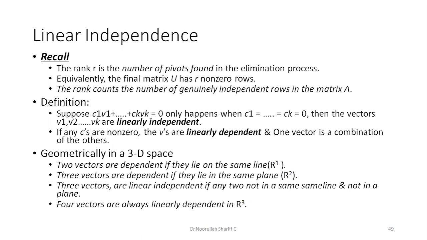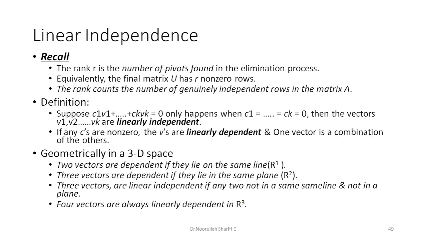So C1, C2, C3 are constants, V1, V2, V3 are vectors, and if we have C1 V1 plus C2 V2 plus C3 V3 plus ... Ck Vk equal to 0 only when all the constants are zeros, then we say that it is linearly independent. Otherwise they will be considered linearly dependent.